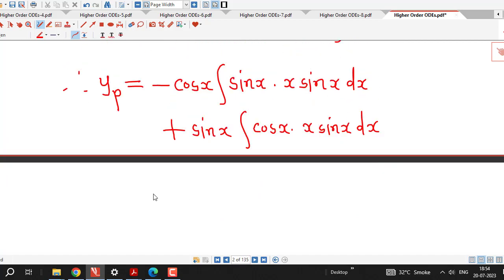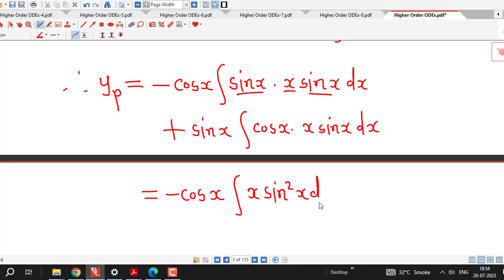Now this is a simple problem of integration. We try to evaluate these two integrals. For that we rewrite this as x times sin square x integral with respect to x. Same thing here, plus sin x.